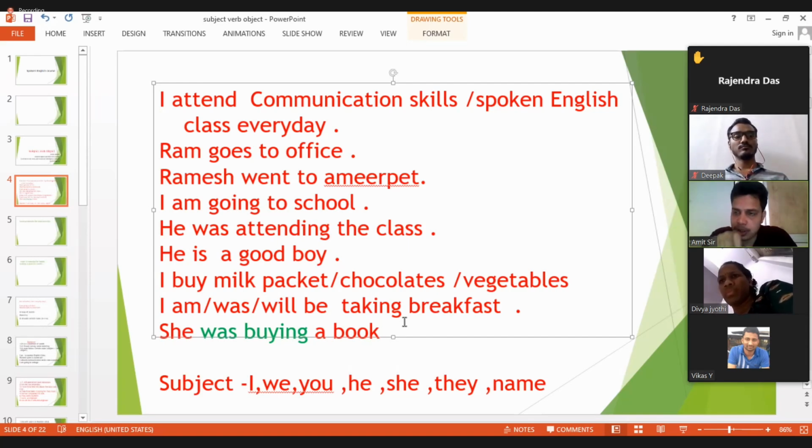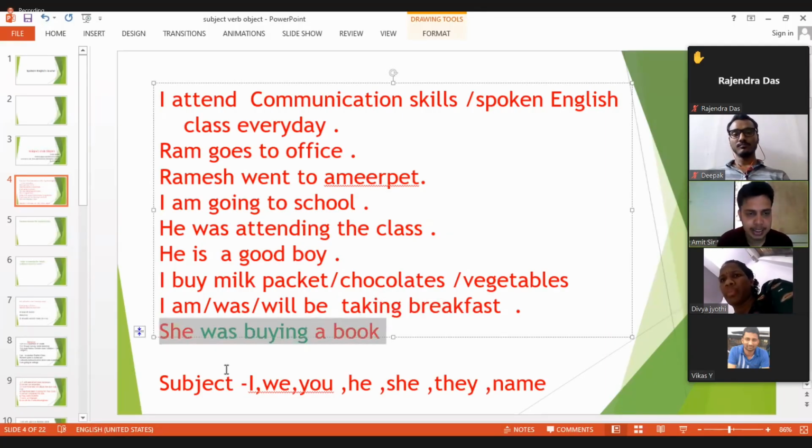If we keep on doing a PhD in English, then obviously we may not get the job. So as of now, just take it as a black box: the first thing is your subject, then the action comes under the verb, and then whatever things we are left with come under object.